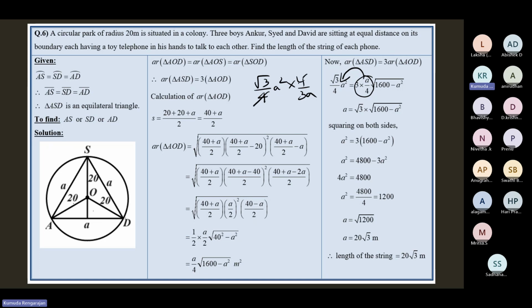So 4 and 4 will get cancelled. Then there will be 1 root 3 here, and a and this one. So you have a by root 3, right? That's what is here.